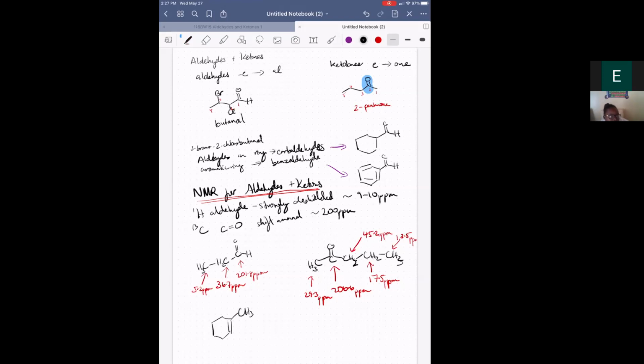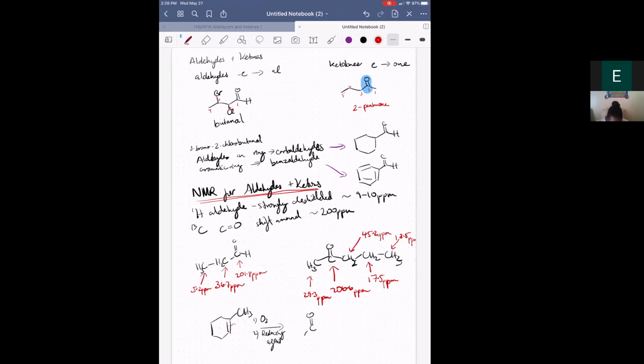And then one way that we can generate our aldehydes and ketones is if we just use O3, ozone, right? And then in the second step, have some reducing agent. And we'll go over what a few of those are. We can make a molecule where we have ring opening occur. So we'll open our ring.